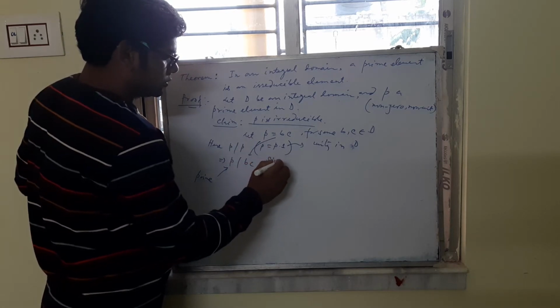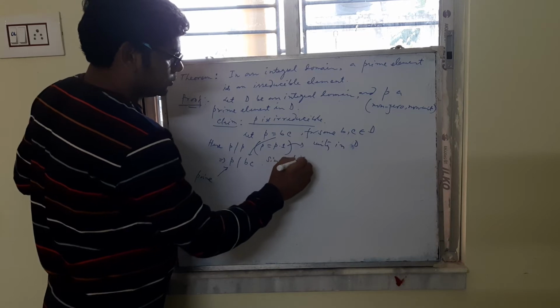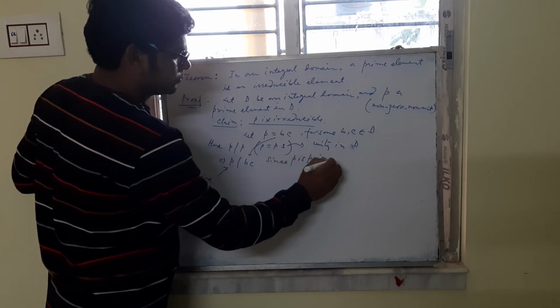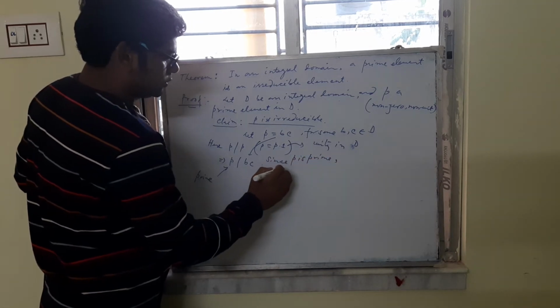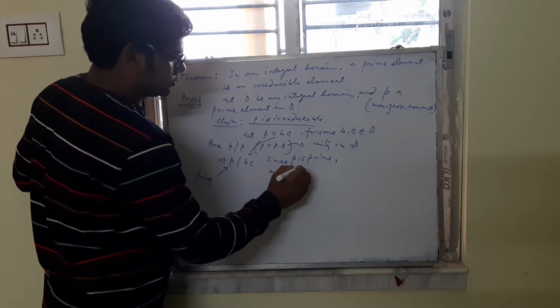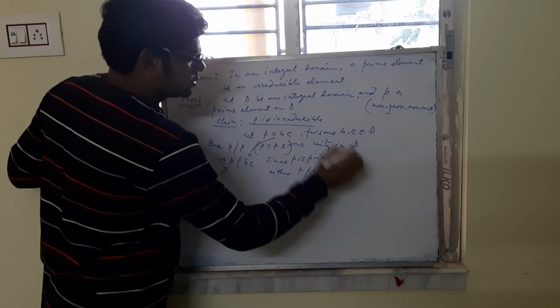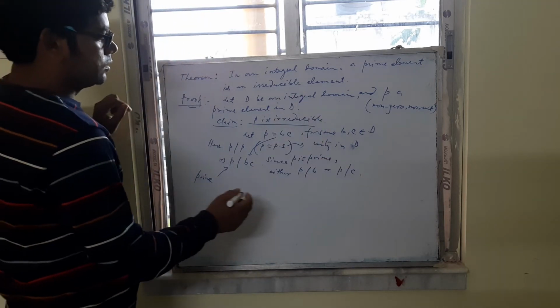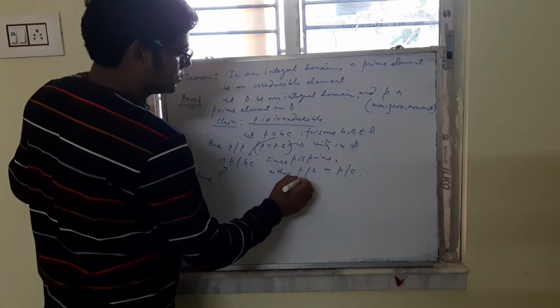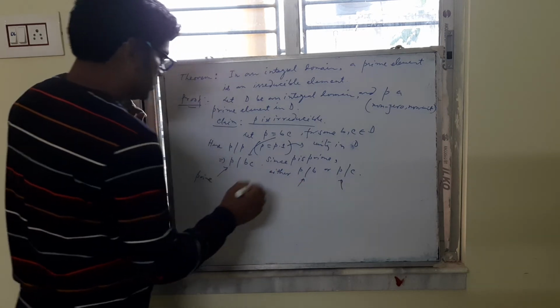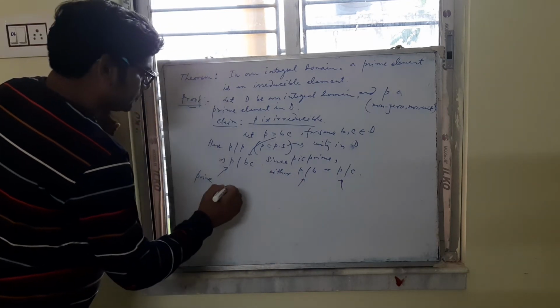So since P is prime, either P divides B or P divides C. Now two cases arise. Now we consider the first case.